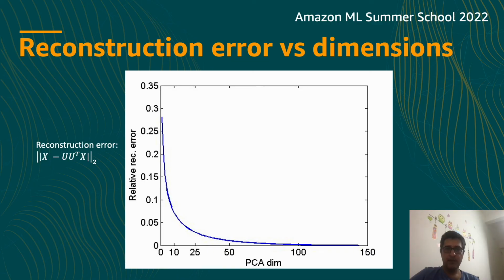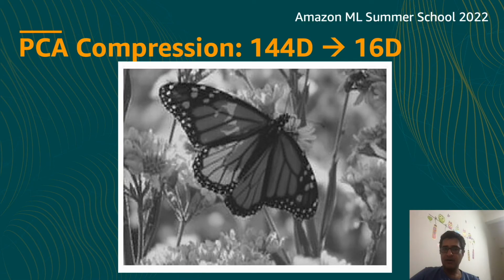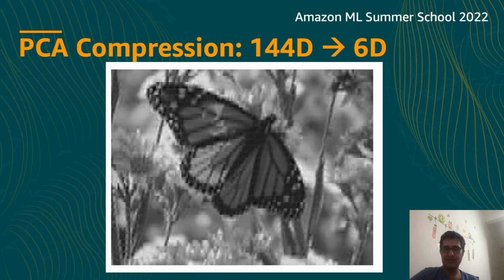For example, your 144 dimensional picture, once it's compressed to 60 dimensions, looks like this, and then further reduced to 16. The human eye can very easily figure out that this is still the picture of a butterfly. Even at a 6-dimensional image, it's quite understandable.